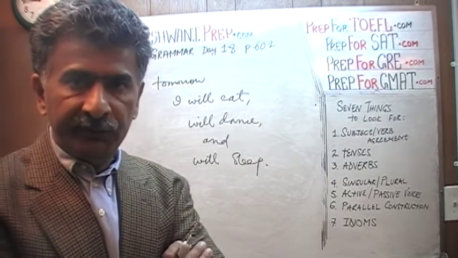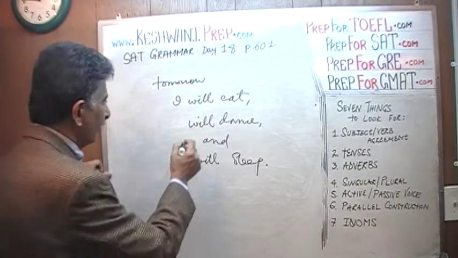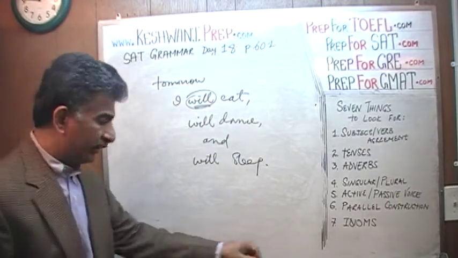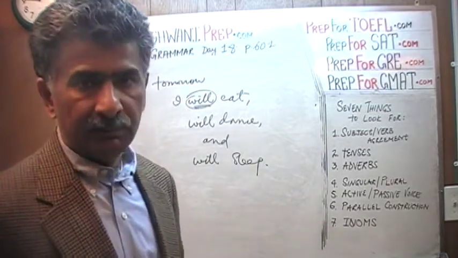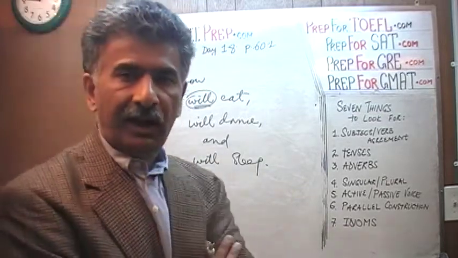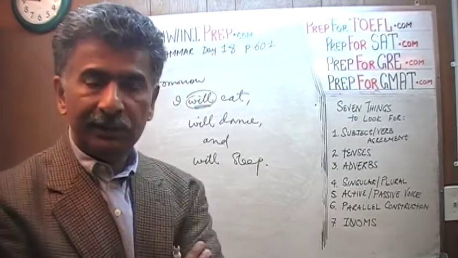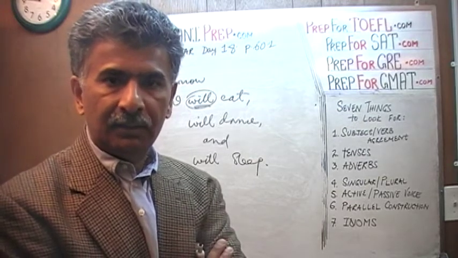Of course it needs fixing, and the part that needs fixing here is this auxiliary verb. Once we have mentioned it once in the sentence, it does not need to be repeated. We do not have to go around saying I will sleep, will eat, will dance, will jog, will shout.